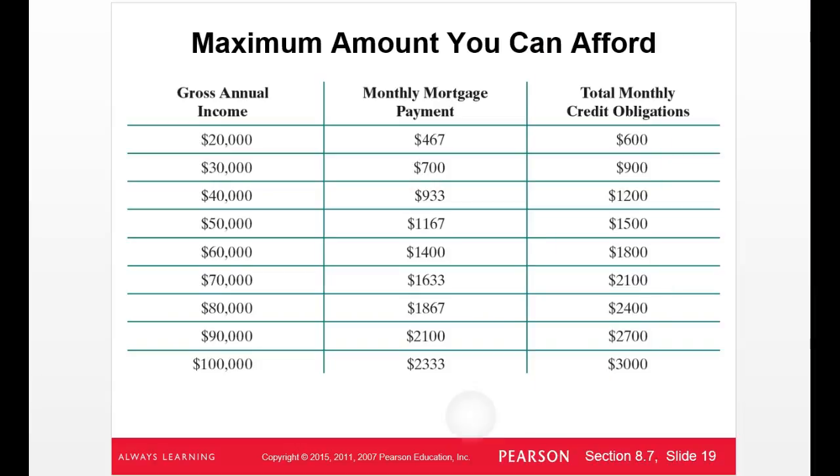All right, that's where the $600 is coming from. And it's the same thing all the way up. You can see it's getting bigger and bigger and bigger. So if you can make $100,000 a year, then you can afford a $2,000 monthly payment for your mortgage. But not if you're making $40,000 a year. You need to cut that in half when you're dealing with your debt and your mortgages.